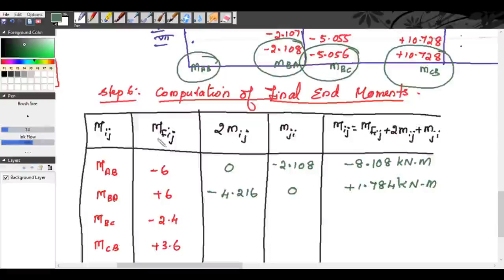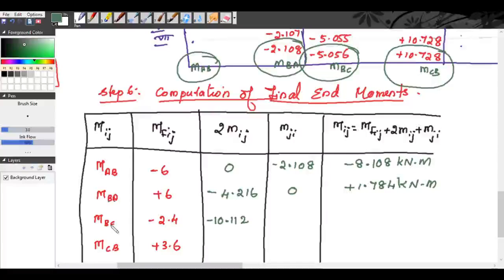Now MBC: MFBC we have written as minus 2.4. Now small mIJ, I is B. So 2mBC. Small mBC is minus 5.056. 2 times minus 5.056, we get minus 10.112.